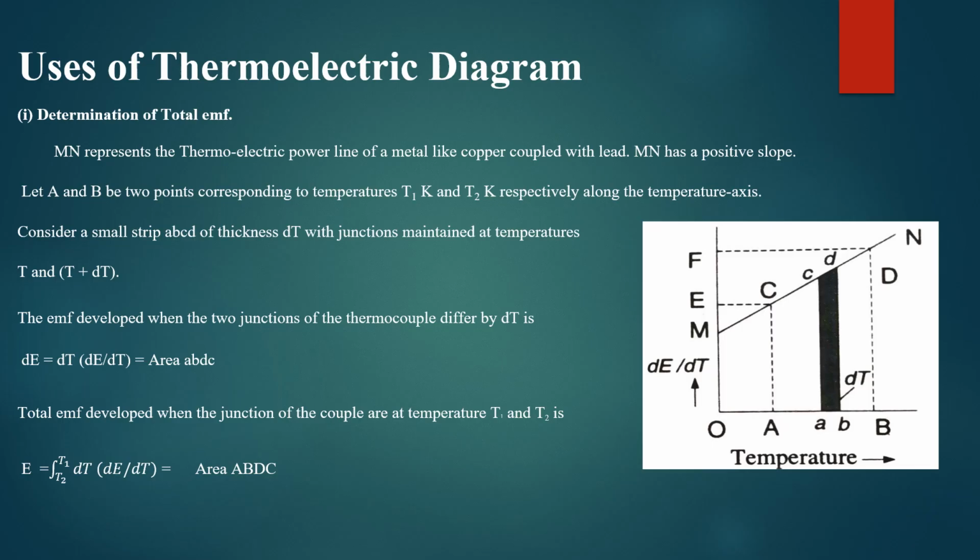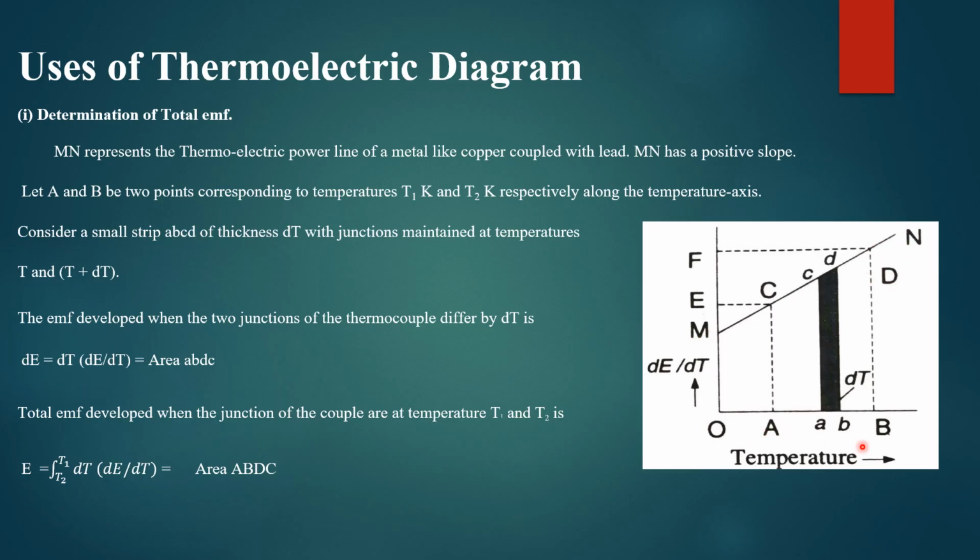Uses of thermoelectric diagrams. First, we are going to determine the total EMF. Let MN represent the thermoelectric power line of a metal like copper coupled with lead. So MN has a positive slope.